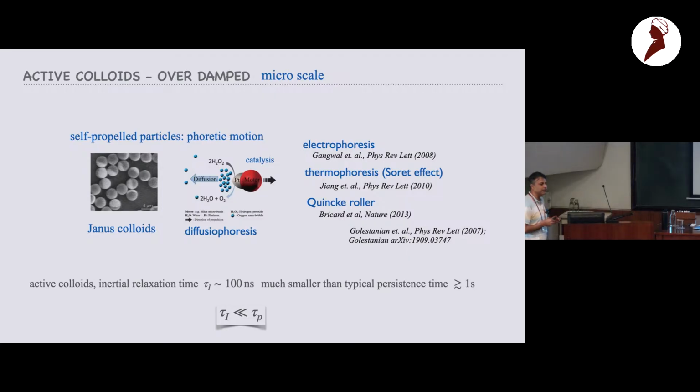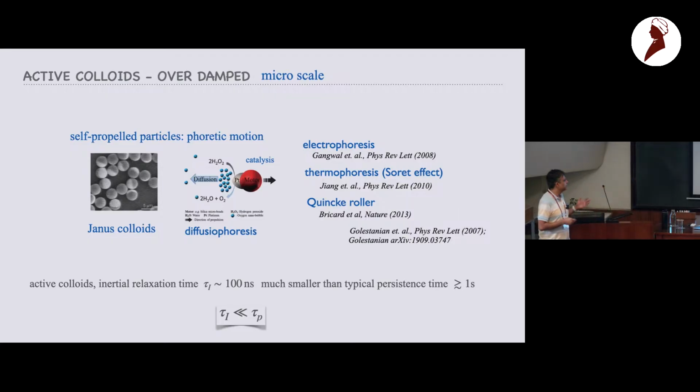Most of the active matter studies that we do, we assume active matter to be overdamped, because most of the situations we are interested in are really overdamped. For example, active colloids. One possible example of how colloids become active is a Janus colloid, with two different parts.